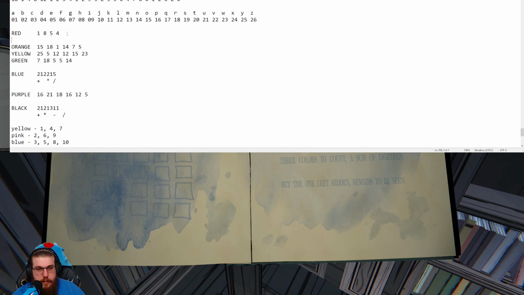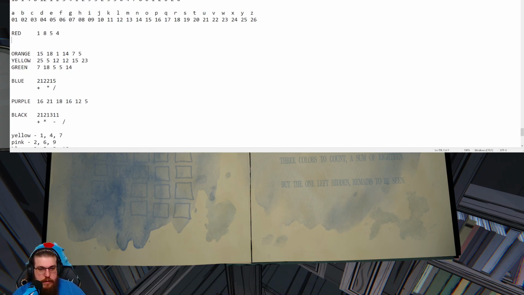This one pretty much has to be like this if it's going to be one of them. But I don't know how that works. I don't think that works. 1854? I don't think you can get a numeric core out of that.